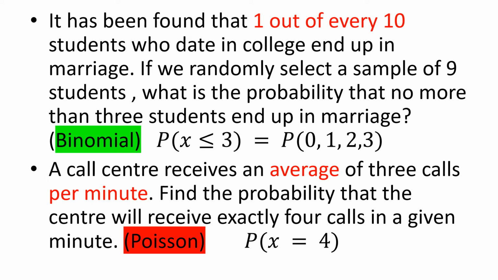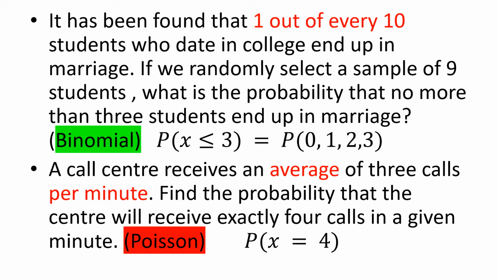When you see a question in an exam, remember you are looking for certain things for you to be able to identify the type of distribution it is. Pay attention to the things that are highlighted in red. It has been found that 1 out of every 10, that's exact, 1 out of every 10 students who date in a college end up in marriage.